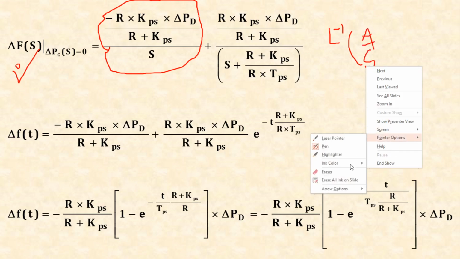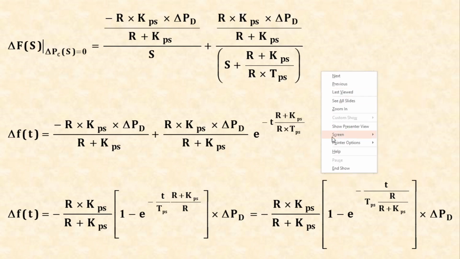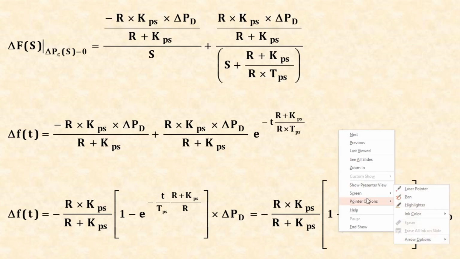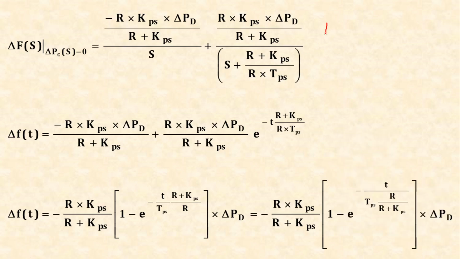Let me write in proper way. Suppose we want to find out Laplace inverse of x upon s. Suppose x is any constant, so that Laplace inverse will become only x. Clear?